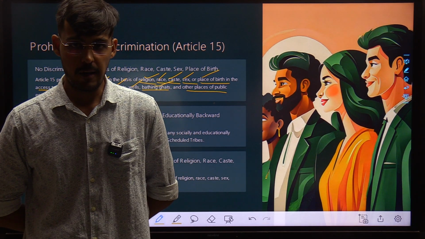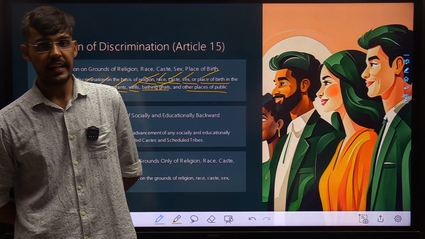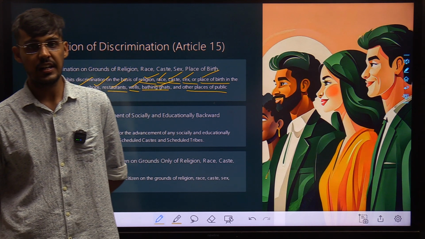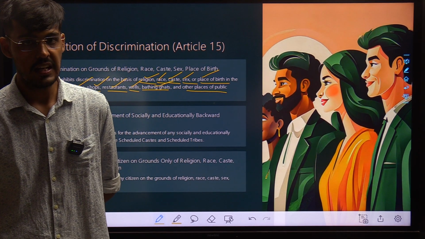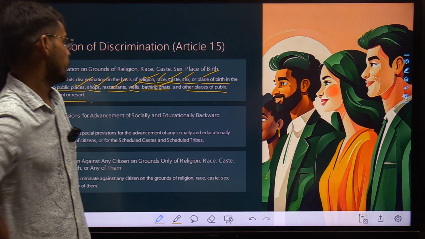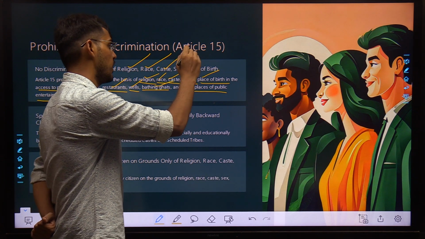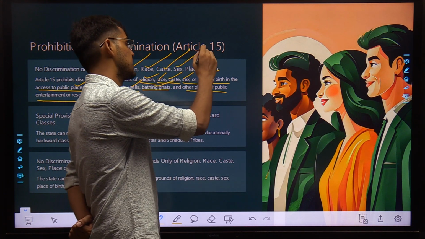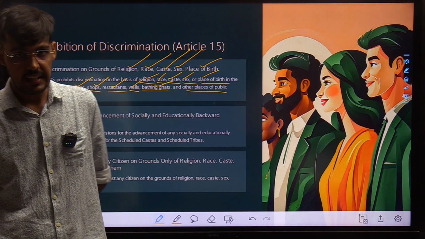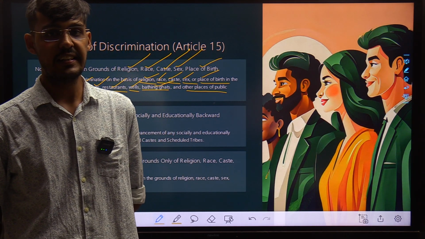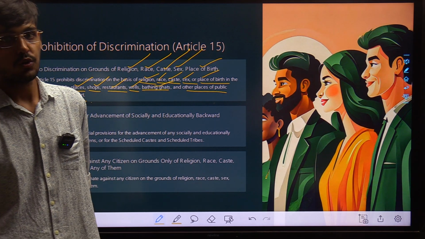If a rich person or a poor person goes to a hospital, the hospital cannot deny admission to a patient just because he is poor, or because he is from a different religion, race, caste, sex, or has a different place of birth. If a hospital does it, then it has violated that individual's fundamental rights, and that individual can go to court to seek remedy.